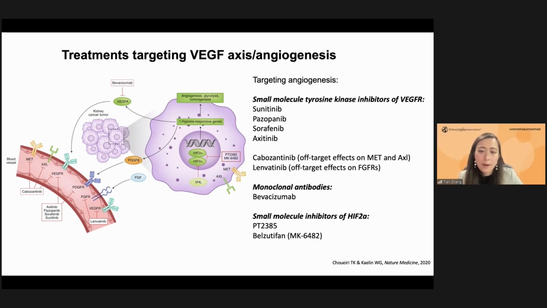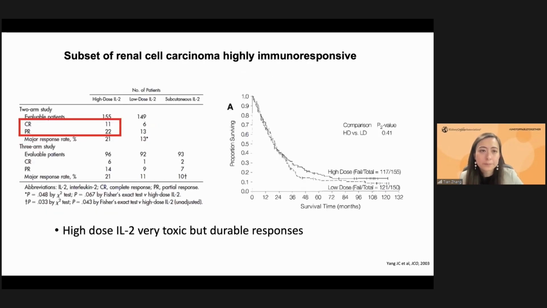And then we even now have small molecule inhibitors to block the HIF complex. So many of you may have heard about the belzutifan story, and I'll talk about some of the trials that are ongoing to build belzutifan into our trials.